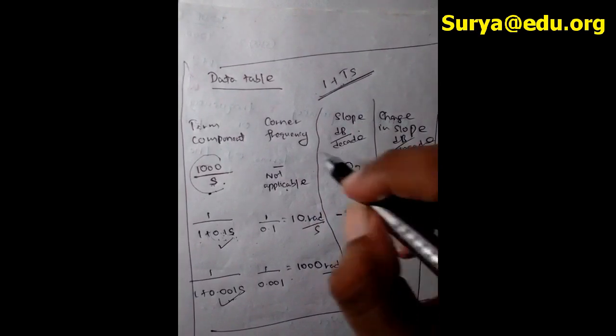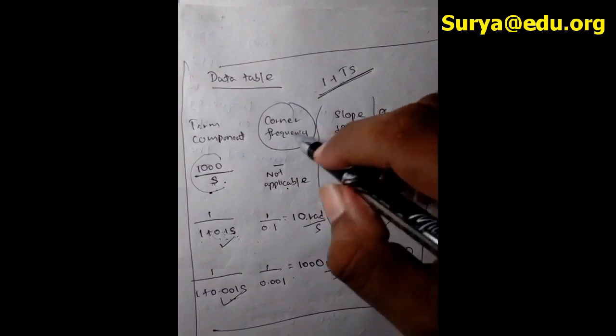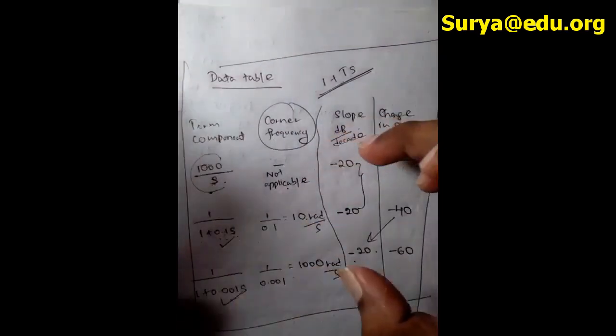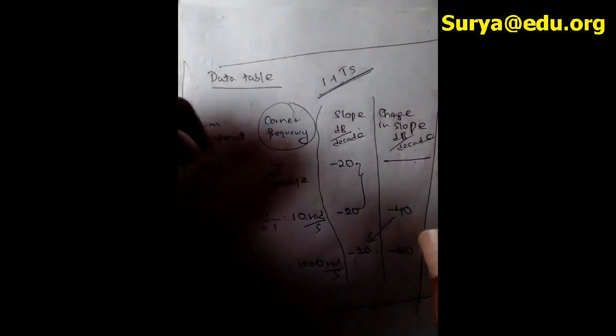Okay, and I will also tell you what a corner frequency is. Technically now you know how to calculate the corner frequency, but if you don't know what it is, it will be a problem.